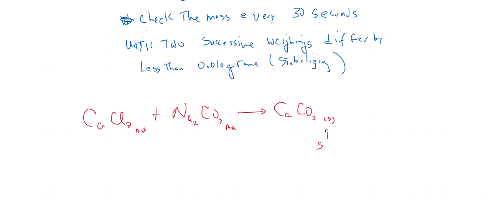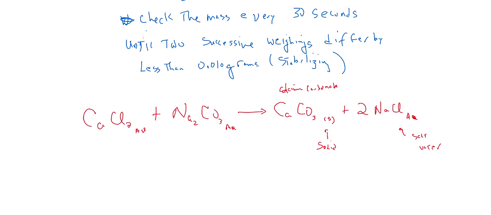So that's going to be the little particles that you see as calcium carbonate. CO3 is carbonate, plus 2 NaCl is table salt, and it's aqueous, so that's just salt water.